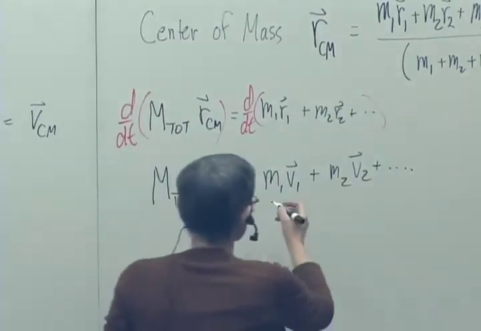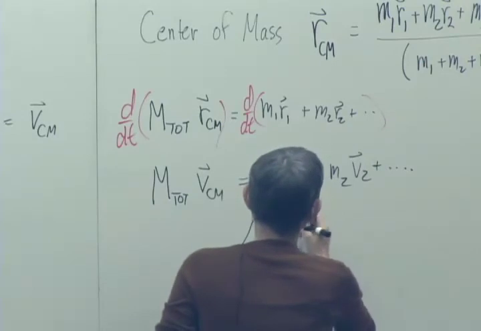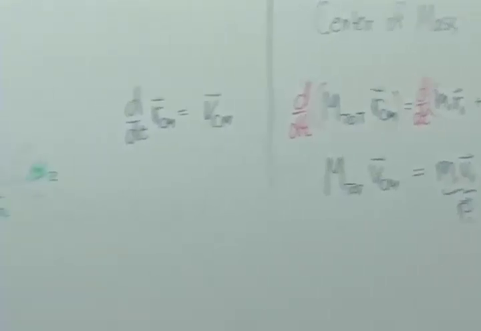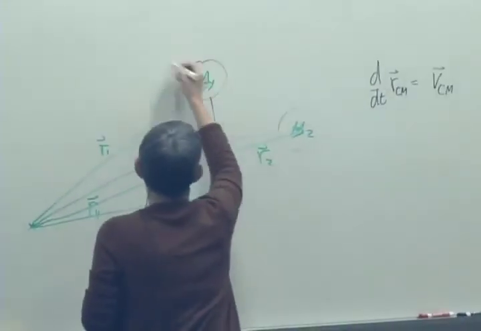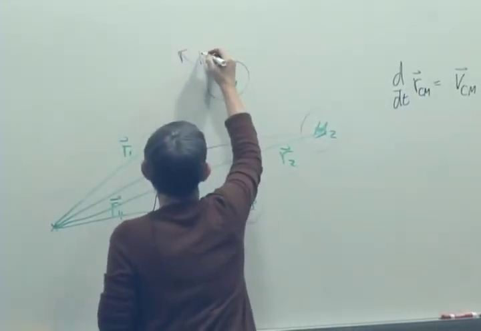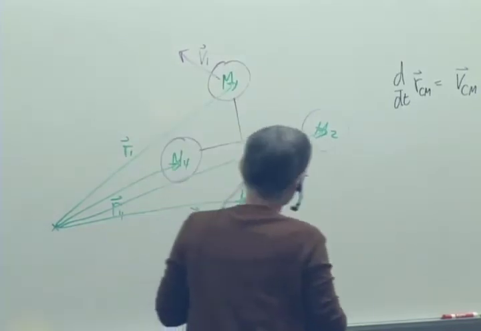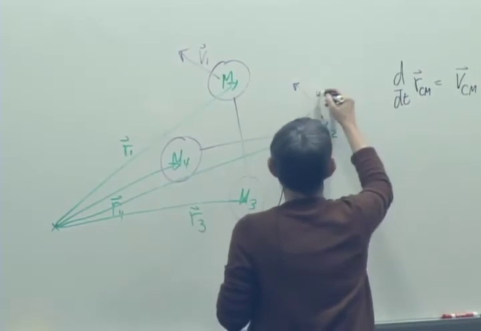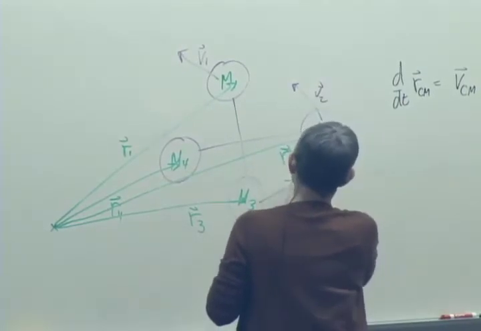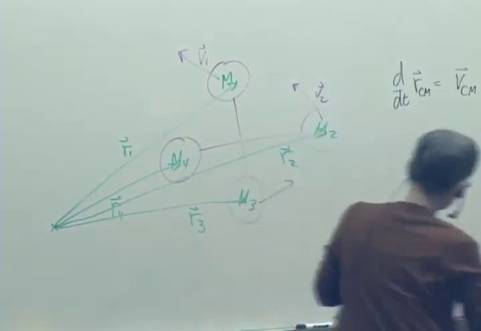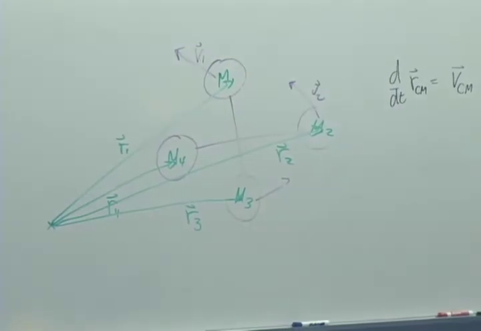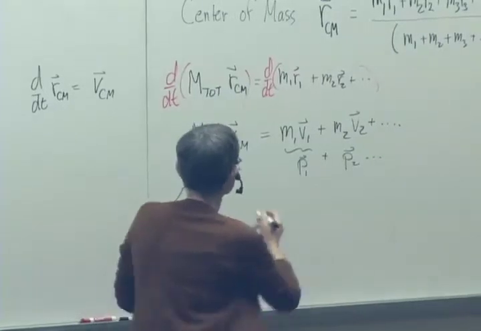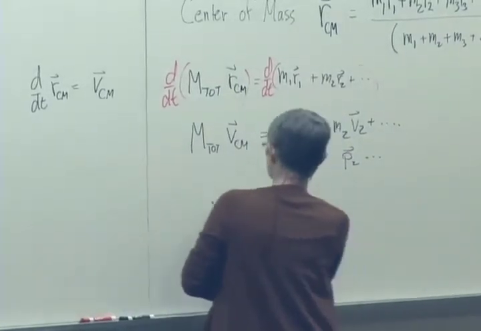This is, of course, the momentum of object 1. Suppose at the moment object 1 is going that way, so that would be the momentum of object 1, whereas maybe object 2 would be going that way, slightly different, and this is the momentum of object 2, etc. So this is actually the total momentum of the system.